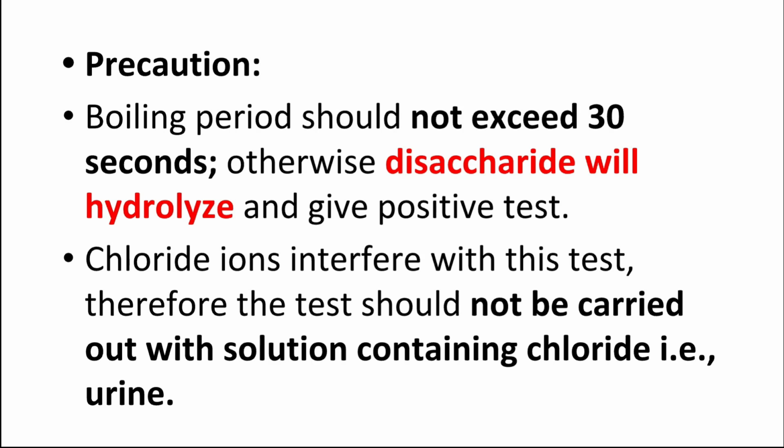Plus, one more precaution: chloride ions also interfere with the test. So this test should not be carried out in a solution that contains chloride ions, like urine. Now let's see how the test is done.